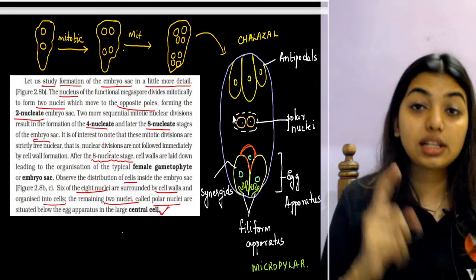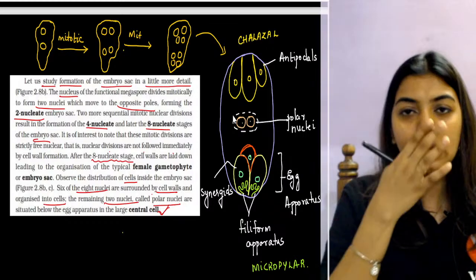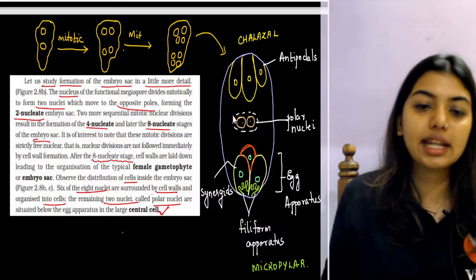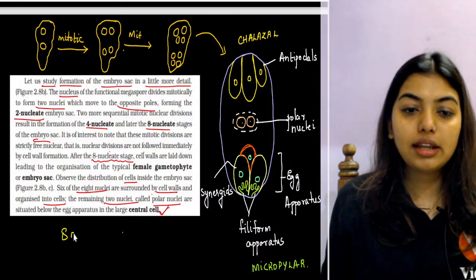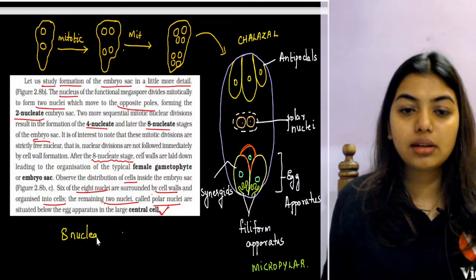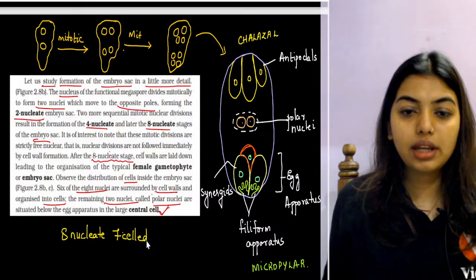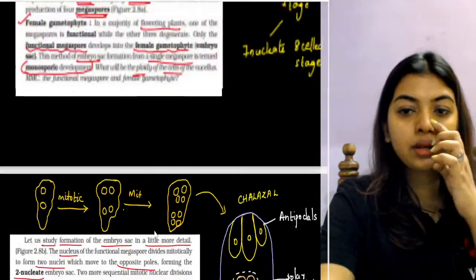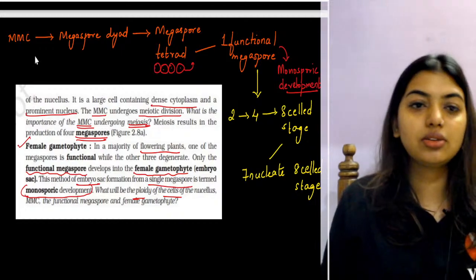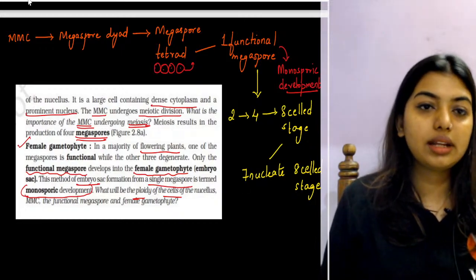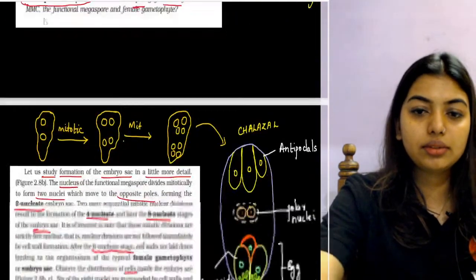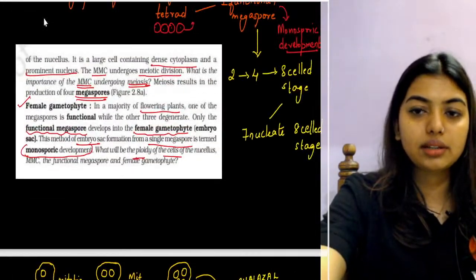This will be considered as one cell, right? Polar nuclei, this entire thing will be considered as a central cell. So it is going to be 8 nucleate, 7 cell. I said it the wrong way, so make the correction here also. Here I wrote 8 cell 7 nucleate. No, 8 nucleate.